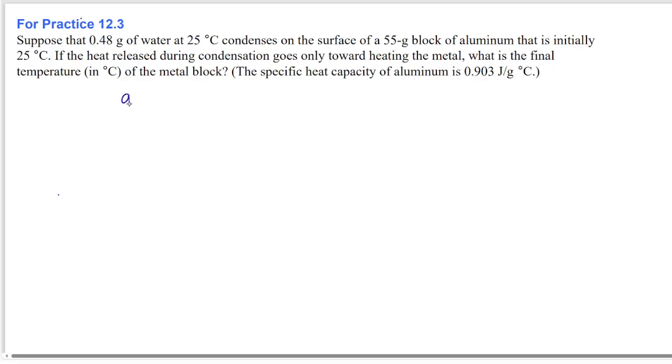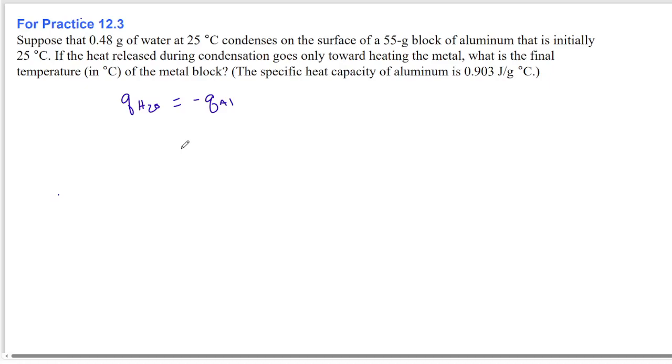So we know that Q for the water is equal to negative Q for the aluminum. And we learned last semester that we could set two mC delta T equations together and solve for something like the final temperature of one of those things. But when we're considering condensation and vaporization, we're not governed by the mC sub S delta T equation.